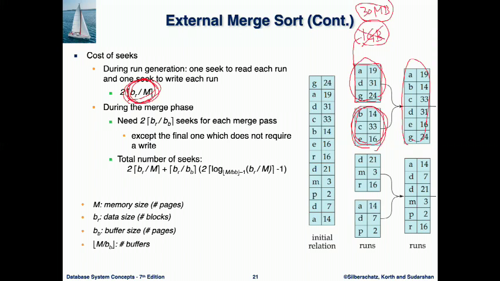Which means that at the very beginning, the main memory that we used for the creation of initial runs was just 30 megabytes. Now we want to merge them. And M here is essentially how big the buffer is.